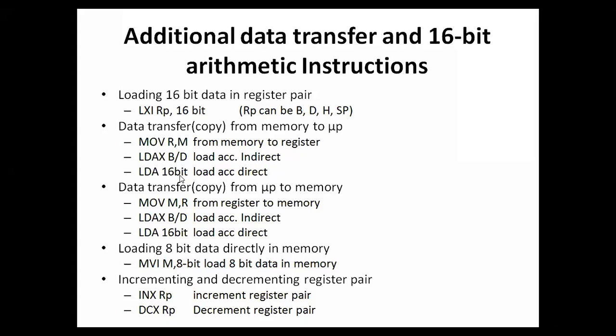Now, the reverse case is also possible. The first one is MOV M, R. In the previous case we were copying data from the memory to the microprocessor. Now I am trying to copy data from the microprocessor to the memory. There is one mistake here.